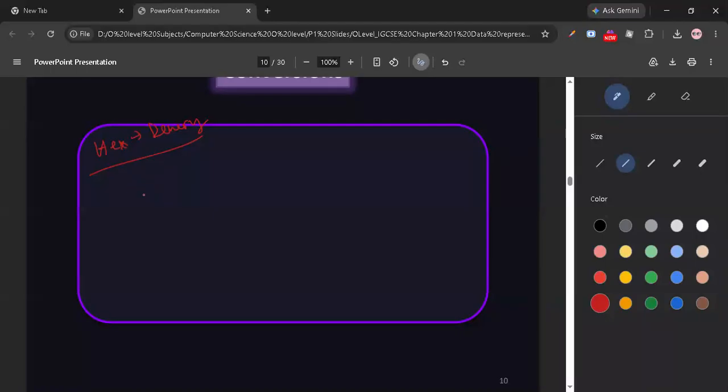In hexa to denary, suppose we have a number A1. In A1, what we can do is just put the numbers 10 and 1. So 8, 4, 2, 1, 8, 4, 2, 1. So it's 1, 0, 1, 0, and over here 0, 0, 0, 1.